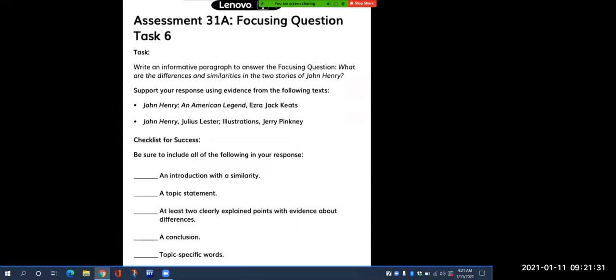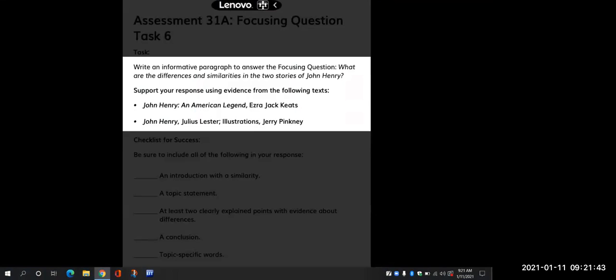Now that you have your completed evidence organizer, let's take a close look at the focusing question task. First, let's take a look at the directions. The directions tell us to write an informative paragraph to answer the focusing question. What are the differences and similarities in the two stories of John Henry?